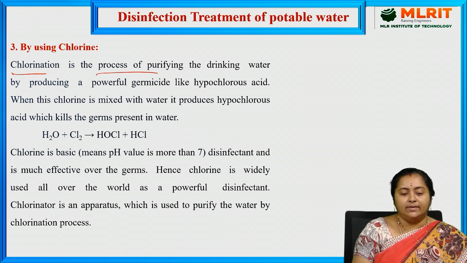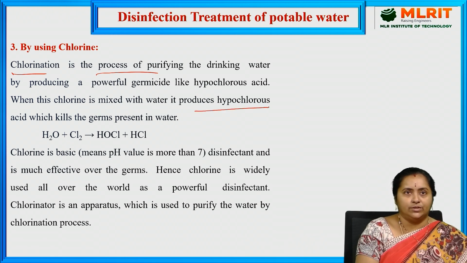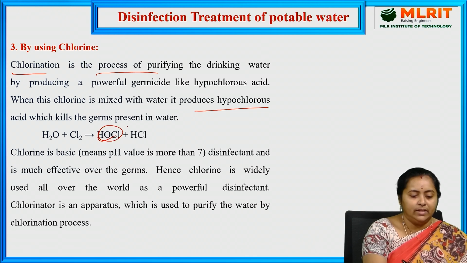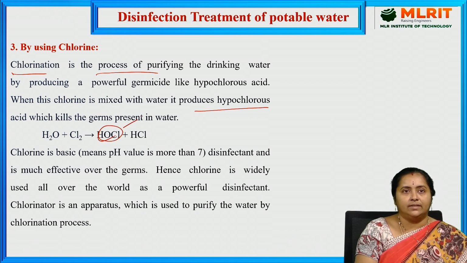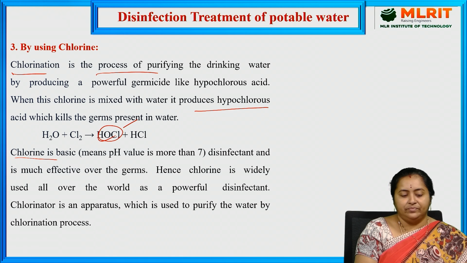As a result, these microorganisms will be killed. When chlorine is mixed with water, it produces hypochlorous acid, that is HOCl. It is a very good germicide, as I told you, and it is able to kill the microorganisms present in the water sample. Generally, if you notice, the pH value of chlorine is basic in nature, that means greater than or equal to 7.